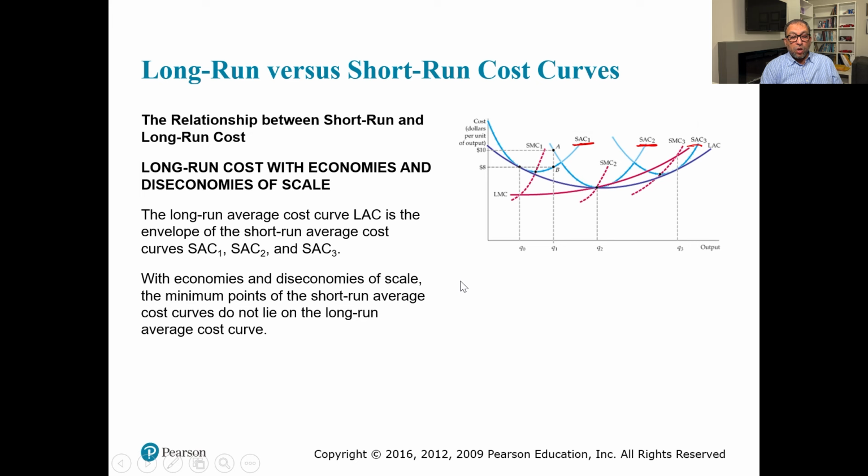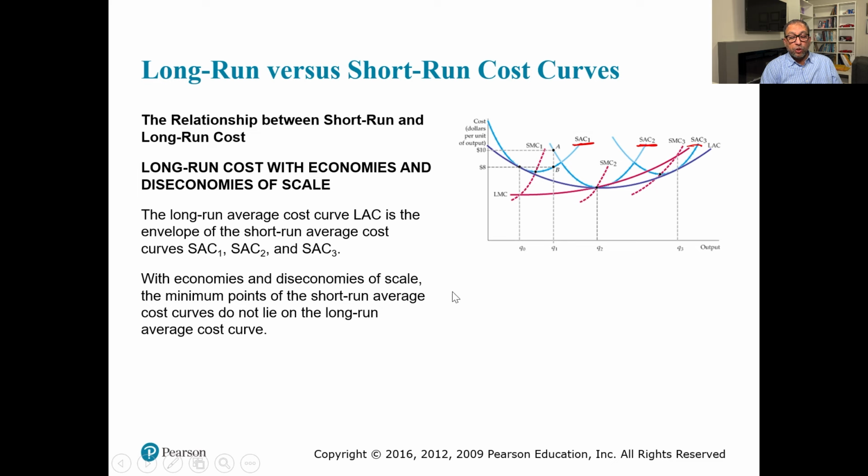With economies and diseconomies of scale, the minimum points of the short run average cost curves do not lie on the long run average cost curve. Although here we see that these are all on the long run average cost curve, that reflects the normal case without economies and diseconomies of scale.